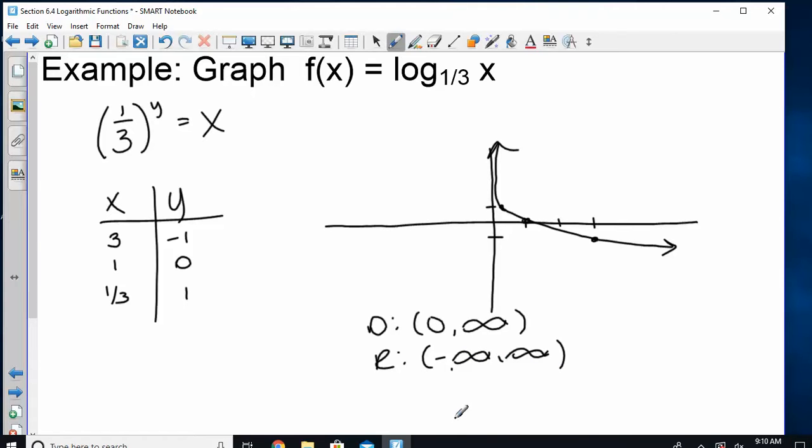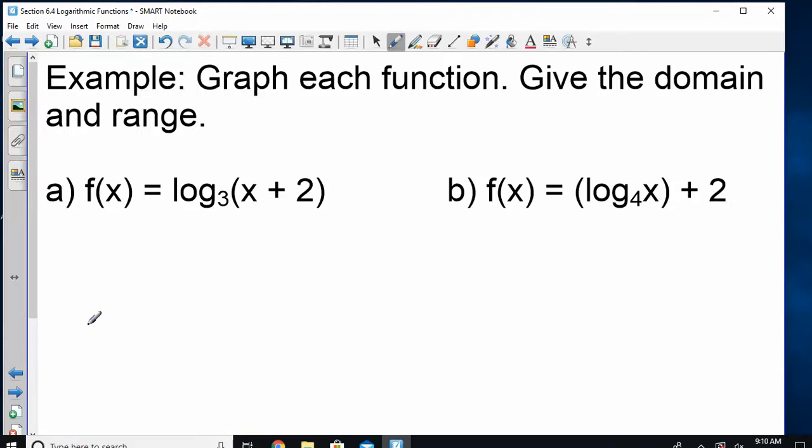We can do transformations with these just like we did with the exponentials. So I want to look at a couple. We'll graph the parent function and the transformation here. So my parent function here would be like y equals log base 3 of x.